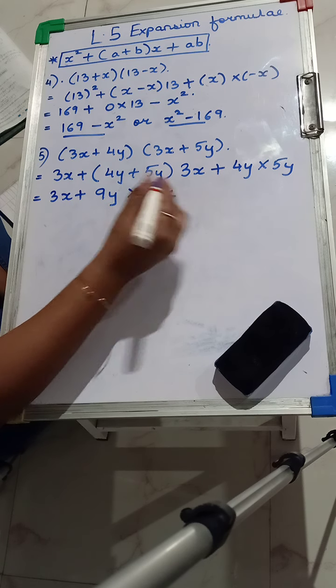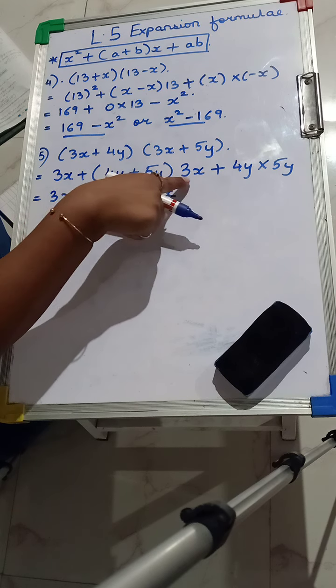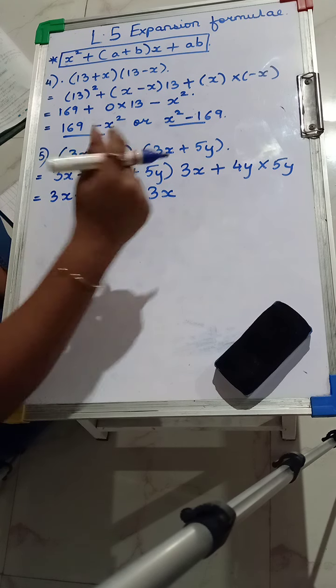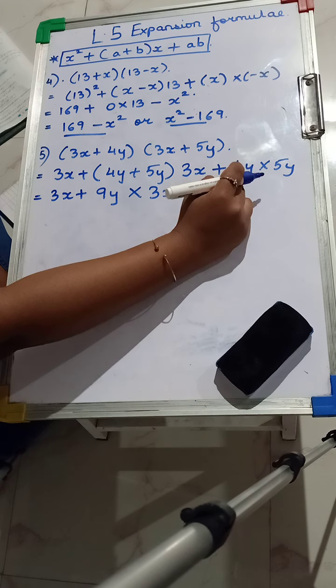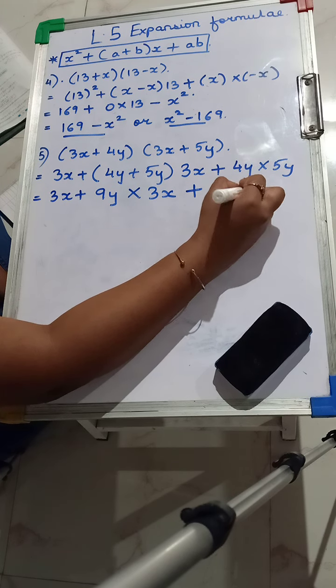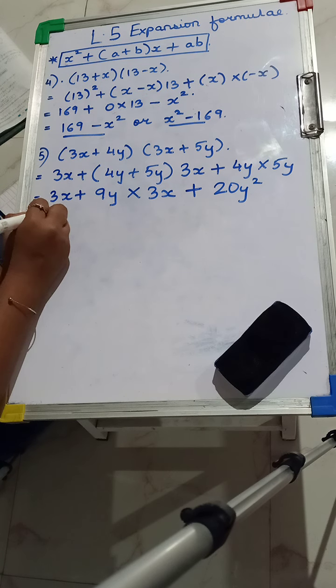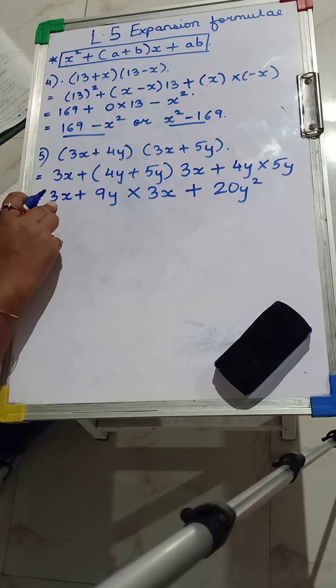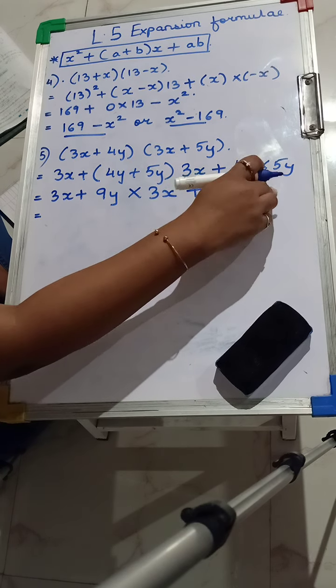Now we have to multiply between them. After multiplication, 5 fours are 20, so we get 20y square, because y into y gives y square.